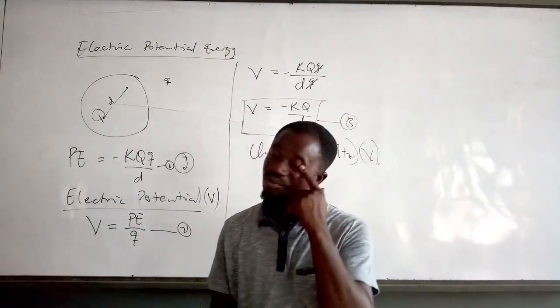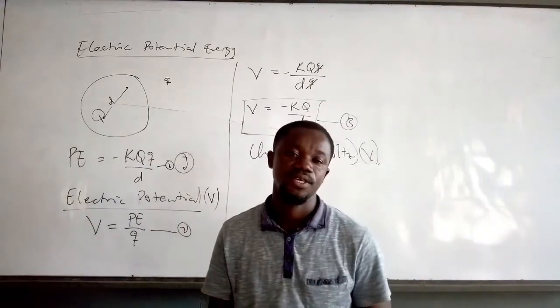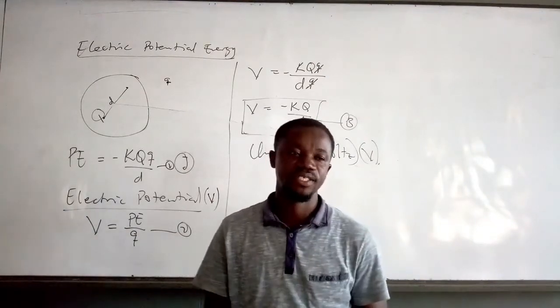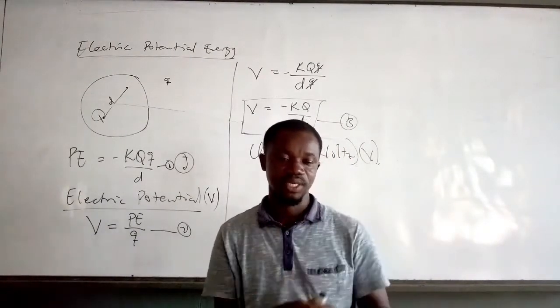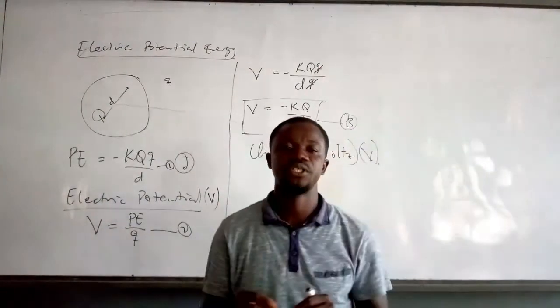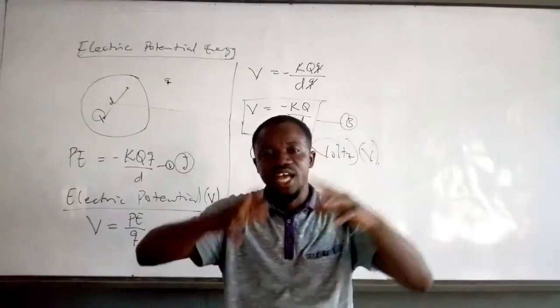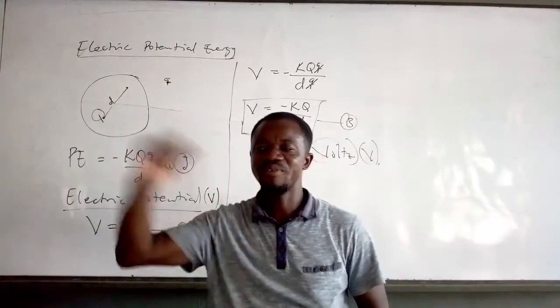Good. Then we look at another term we call electric potential difference. When we say electric potential difference, now the charge is in the field. Let's consider a charge in the field. We want to move this charge in the field from a point of low potential to a point of high potential in the electric field. We are no longer moving it from infinity to the field.